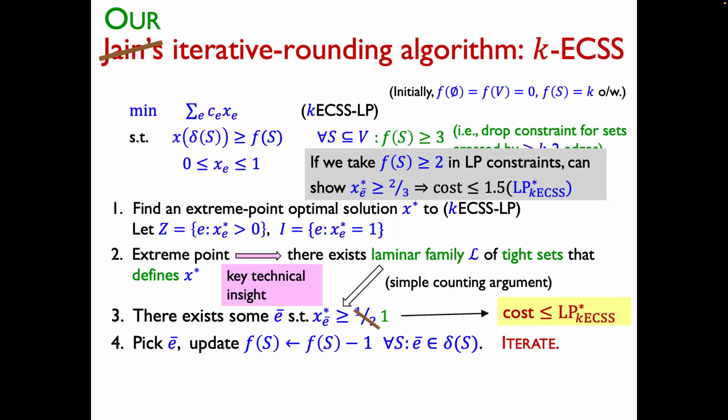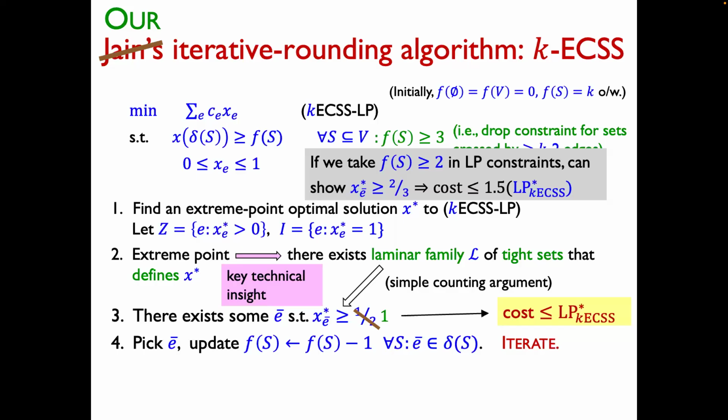Question? So at the beginning, every f is k because you're taking k connectivity, and then at some point you're iterating and reducing the f for a specific subset of constraints. That's why it makes sense that some of the f of S's might go less than 3, right?